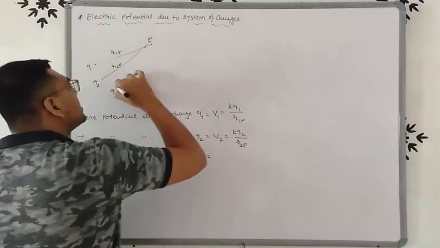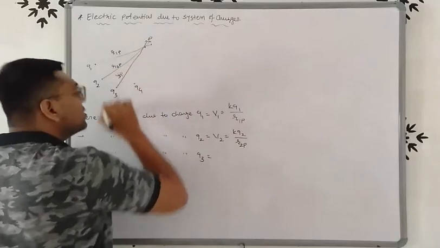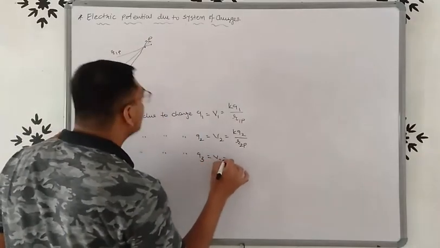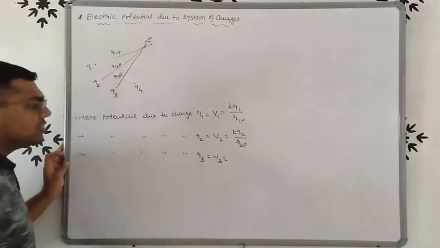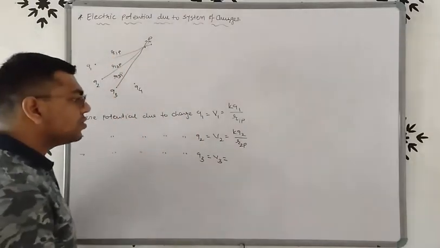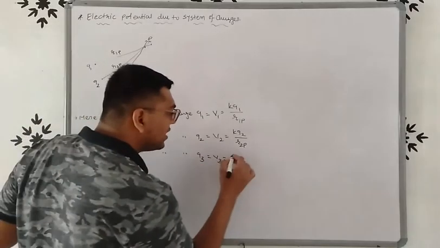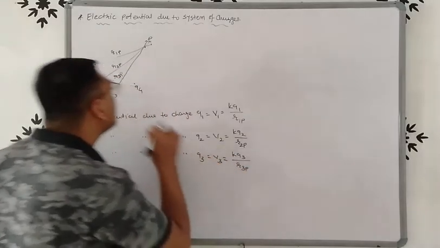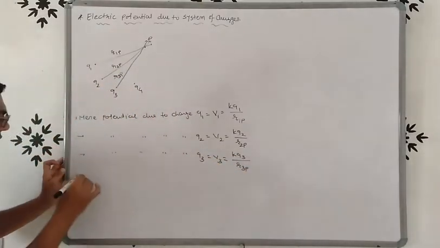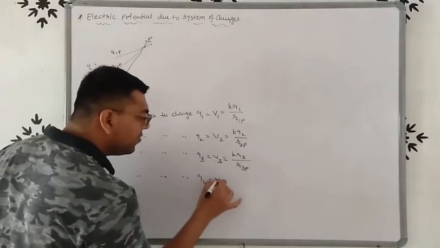Now the potential due to charge Q3 at point P. This distance will be R3P. So the potential due to charge Q3 is V3 equal to Kq3 upon R3P. Now the potential due to charge Q4 will be V4.